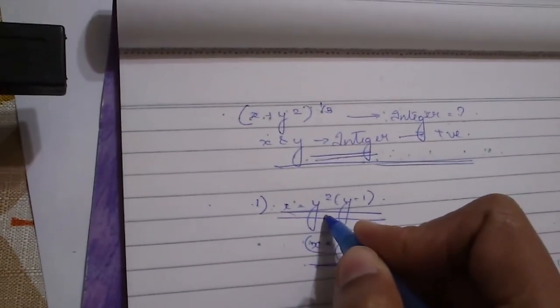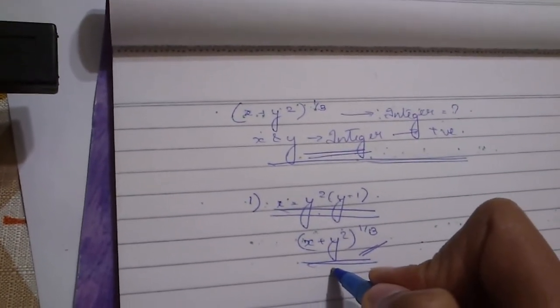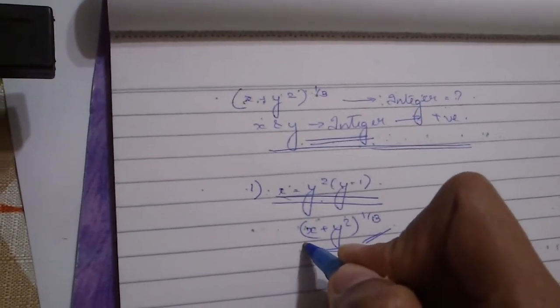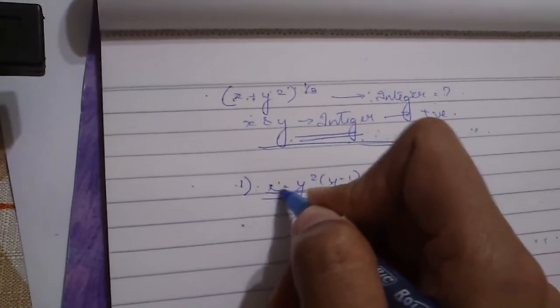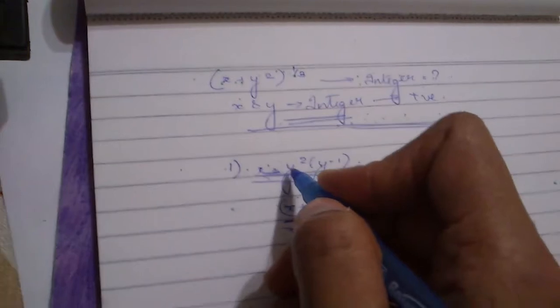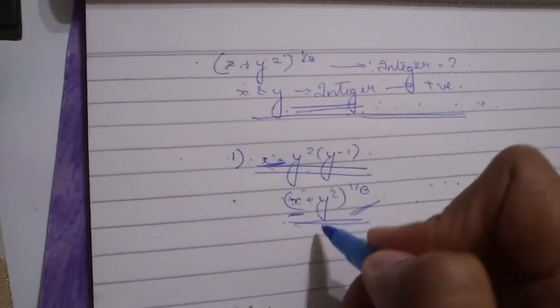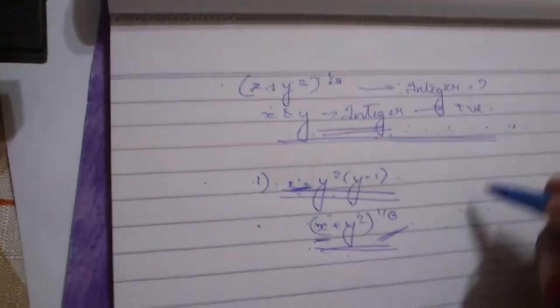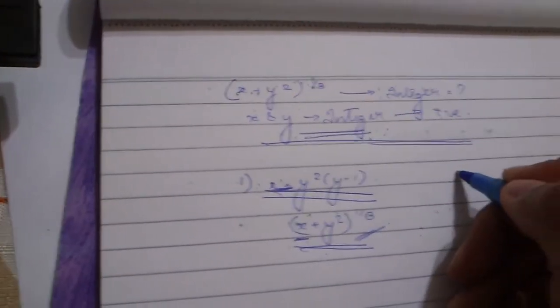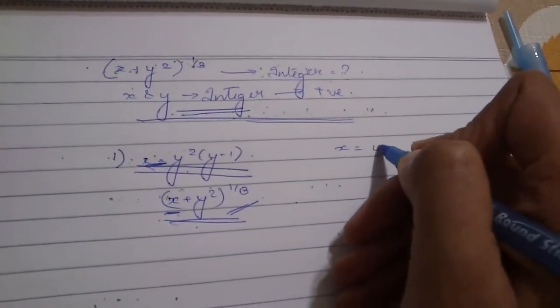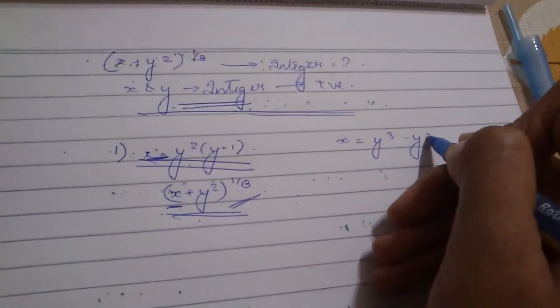Can we use this first statement to evaluate this question? It turns out we can, because the x used here is the same as the x used here. So x can be expanded to x is equal to y cube minus y squared.